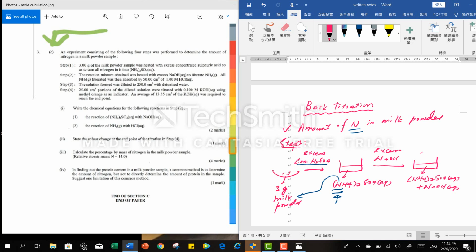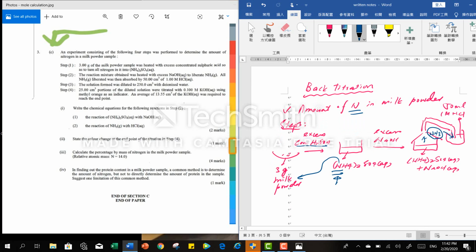With excess NaOH, the ammonia liberated will be absorbed by 50 ml of 1 M HCl. Sorry, my drawing. Ammonia produced will be absorbed here.